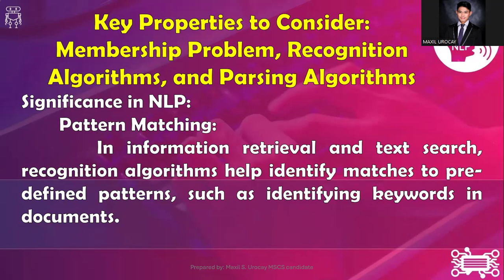Pattern matching is crucial for these tasks, and these algorithms enable efficient searching and retrieval of relevant information based on the presence of these patterns, improving accuracy and speed in text-based applications.